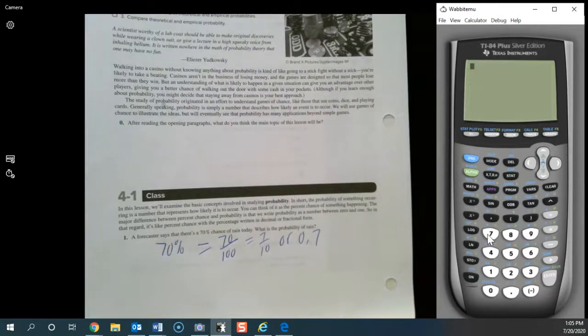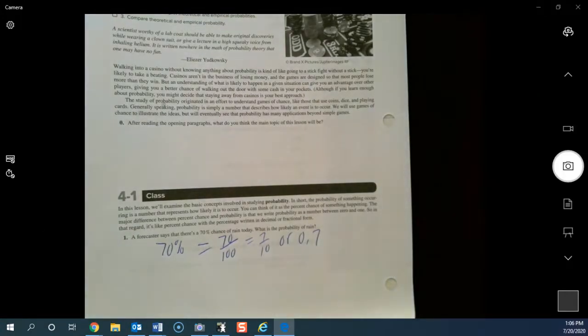So we will have 70 divided by 100, and that will give us our decimal. Now we know in Desmos we would pick, well, matter of fact, let me pull up Desmos. I guess there's no way around it. Let me see if I could get it to fit. Give me 1 second.